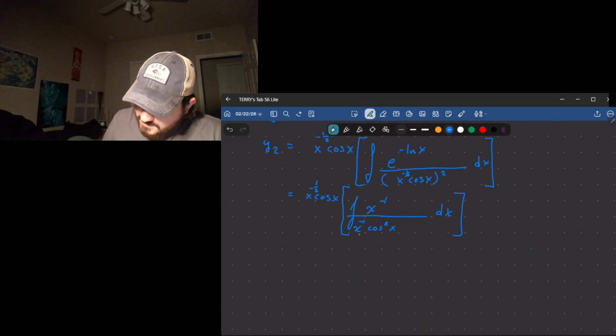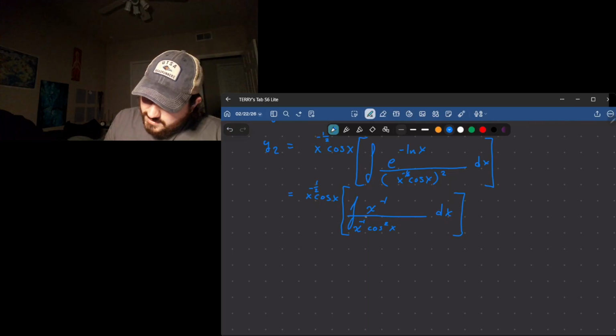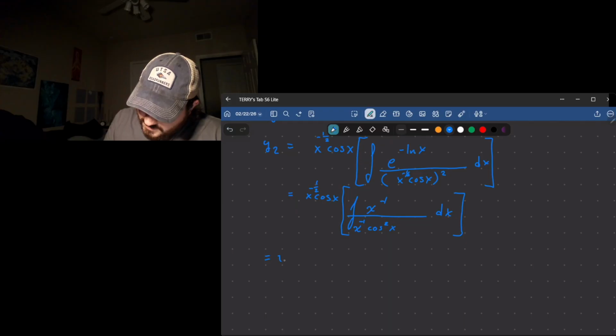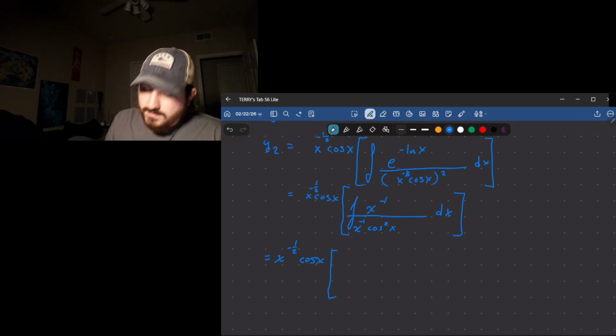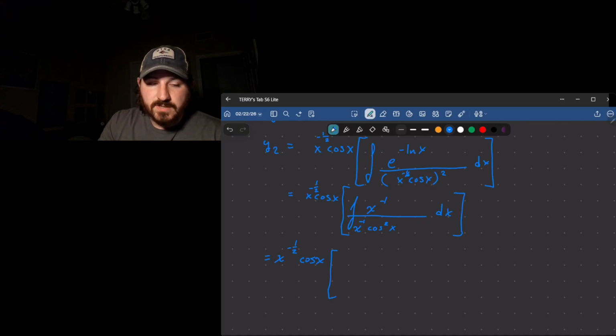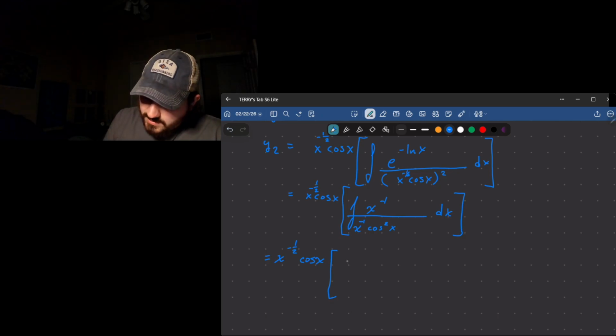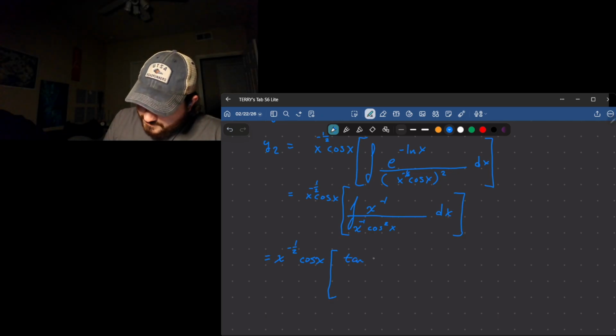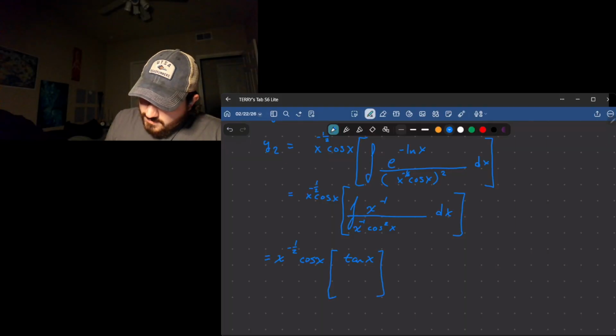Now this makes more sense because we have negative 1, negative 1. Those are just going to cancel. So we get integral of 1 over cosine squared. So we have equals x to the negative 1/2 cosine of x times, now, integral of 1 over cosine squared is the same as integral of secant squared, and the integral of secant squared is just going to be tangent of x. Okay? Now, what's cool about tangent of x is we also know that tangent of x can be rewritten as sine over cosine.